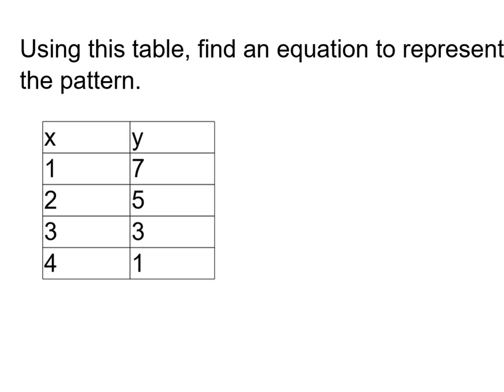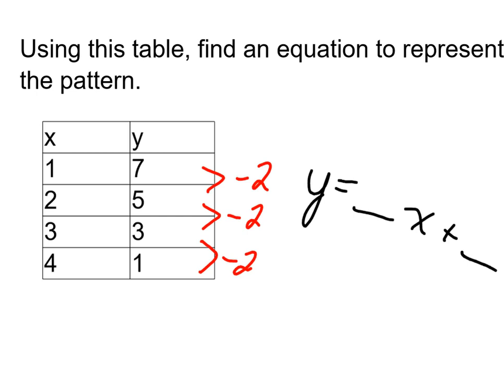So same thing, start by figuring out what are you going up or down by. In this case, you're going down by 2. So remember, the structure of your equation is that. Where does this number go? It goes right there. Now, tricky part, play around with your table.